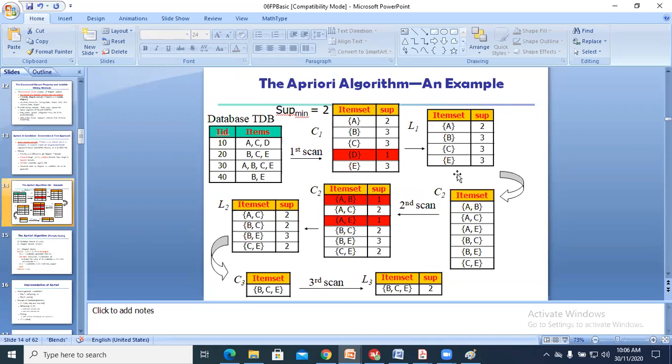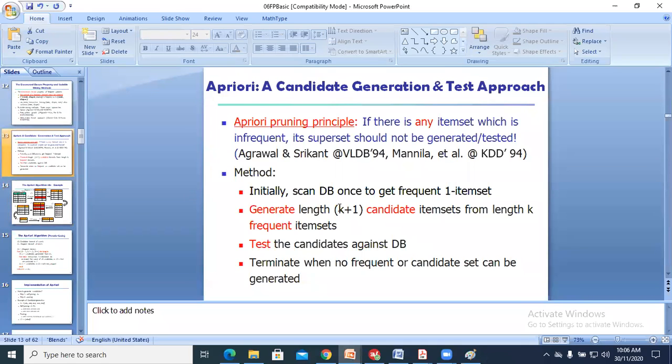So we have the candidate list k plus 1 from the k frequent items. Then test the candidates against the database, whether they are frequent or not. If they are not, we terminate those candidates which are not frequent and generate the next candidate set.